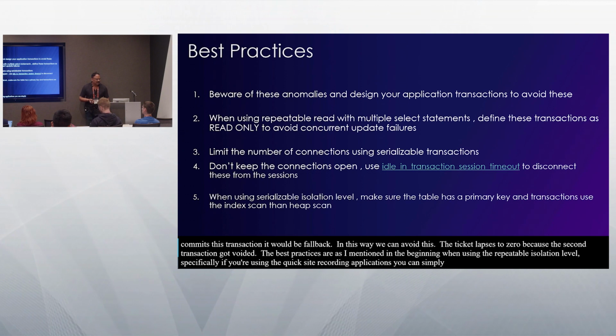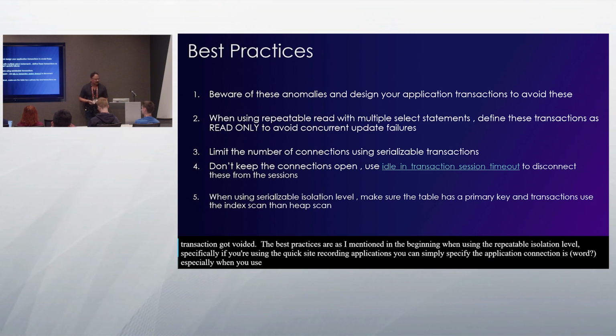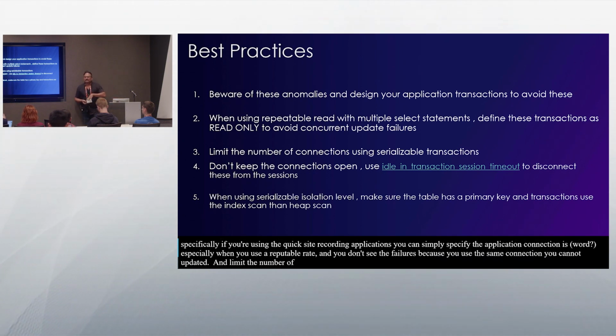In that way you don't see the failures, because using the same connection you cannot update it, right? And limit the number of connections using serializable transactions, because the more the concurrency, the less the consistency. If you want to achieve more consistency, that leads to less concurrency.